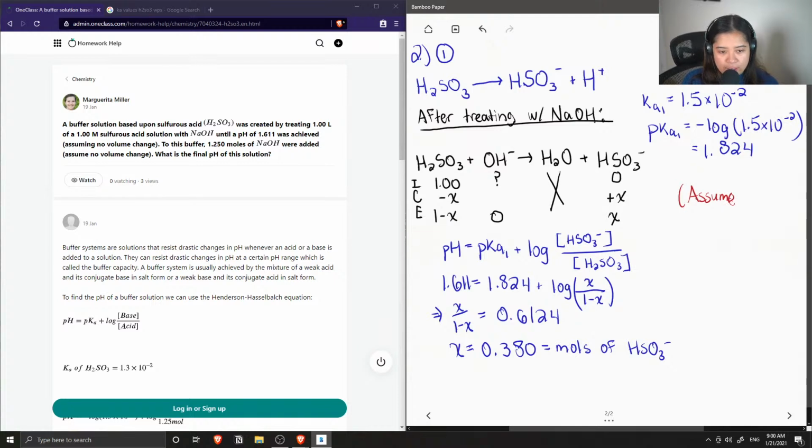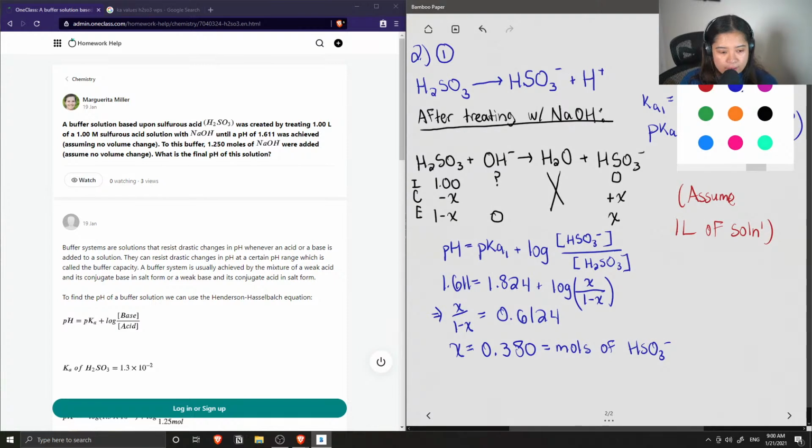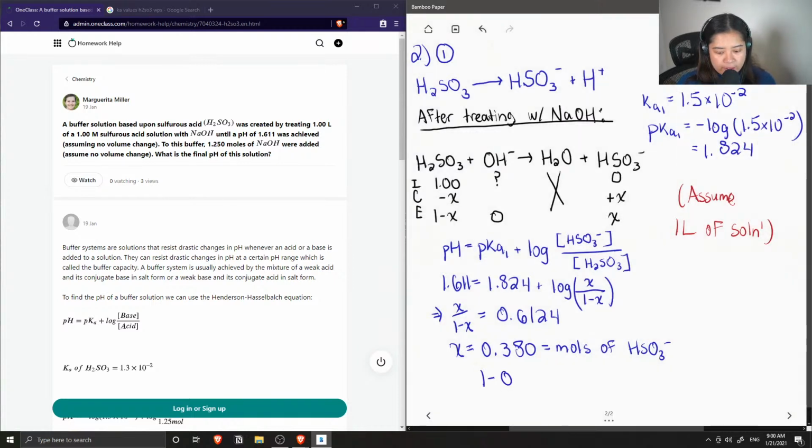So I'm just going to say that up here. So if 0.38 is the moles of HSO3 minus, we know that 1 minus 0.38 is equal to 0.62. And this is the moles of acid that we have left over.